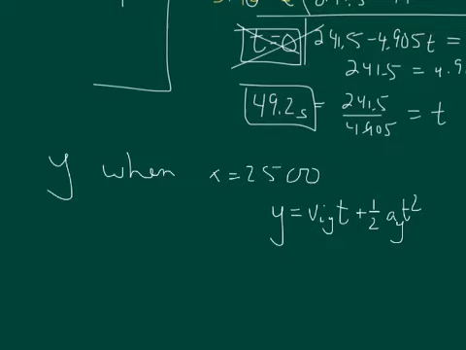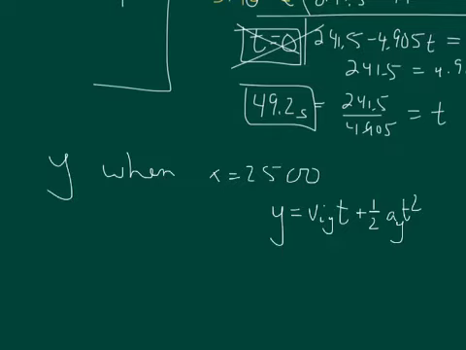What we need to do, though, we realize that we know Viy, we know acceleration, we need time to find y, don't we? So let's find the time when x is 2,500, because we're looking to find out the y value, or the height, when x is 2,500. So let's find the time when x is 2,500 and plug that in over here to find the y value.